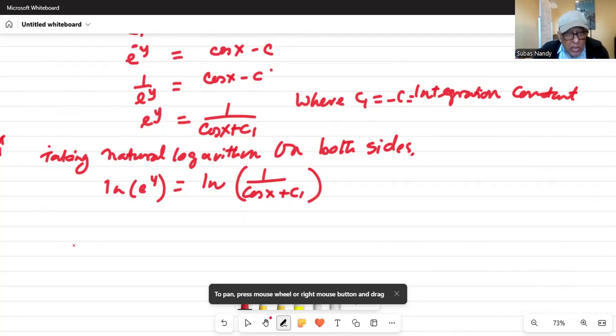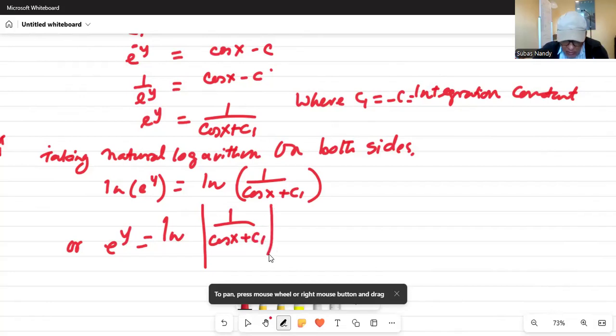Or e to the power of y is equal to ln of the absolute value of 1 over cosine x plus c1.